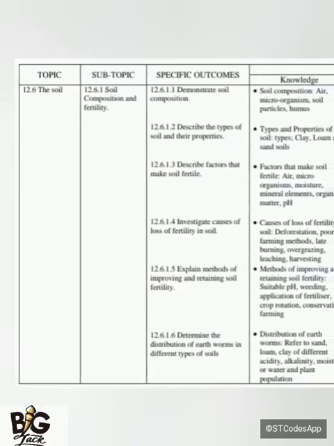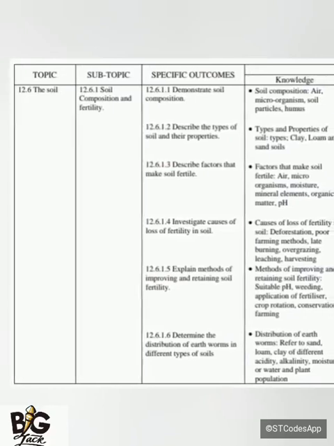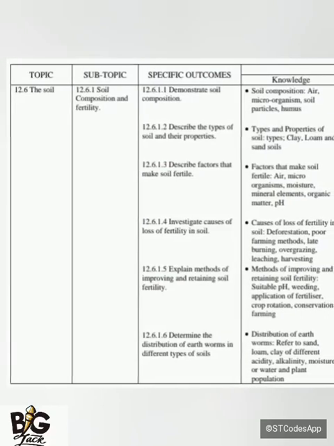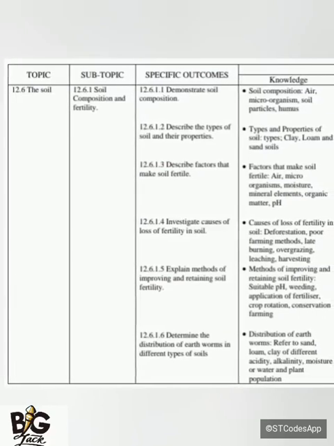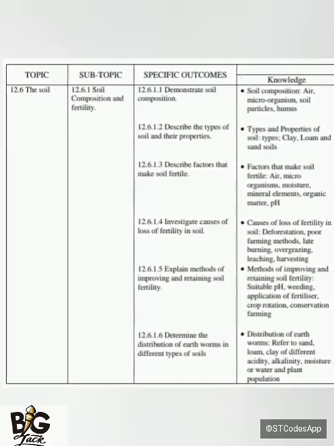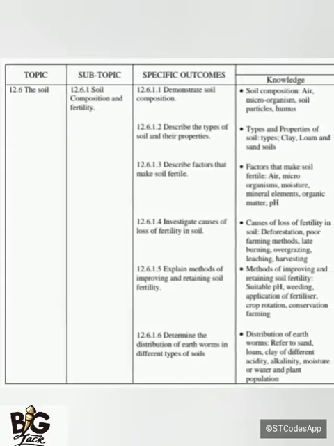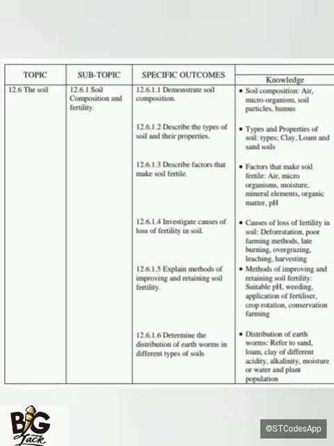Apart from that, the humus. Okay. The next one, you need to describe the types of soil and their properties. For example, you can talk of the clay soil and its properties. Apart from that, the loam soil and its properties.